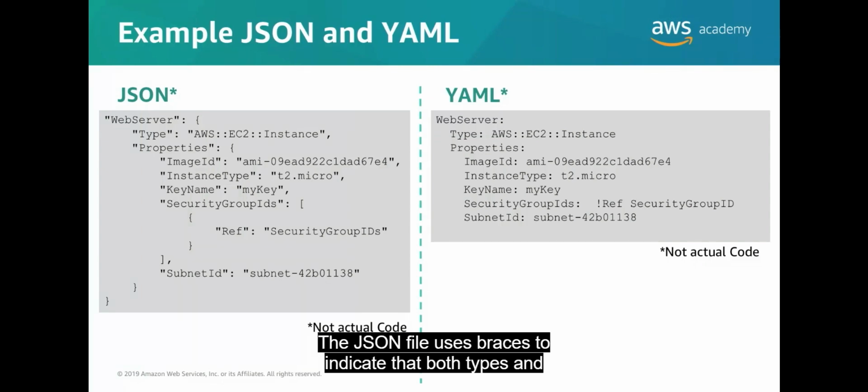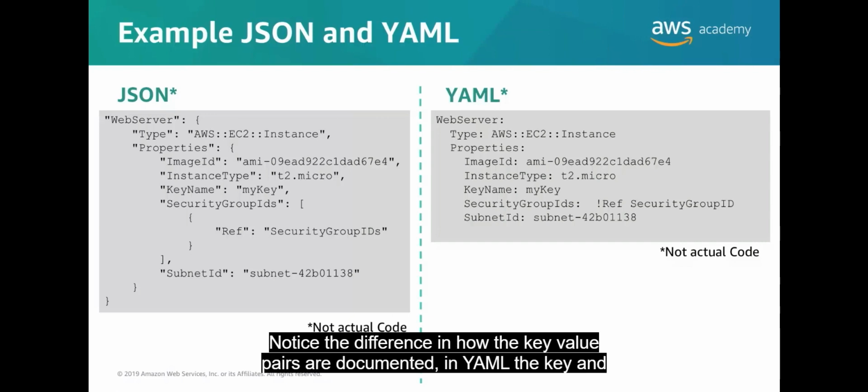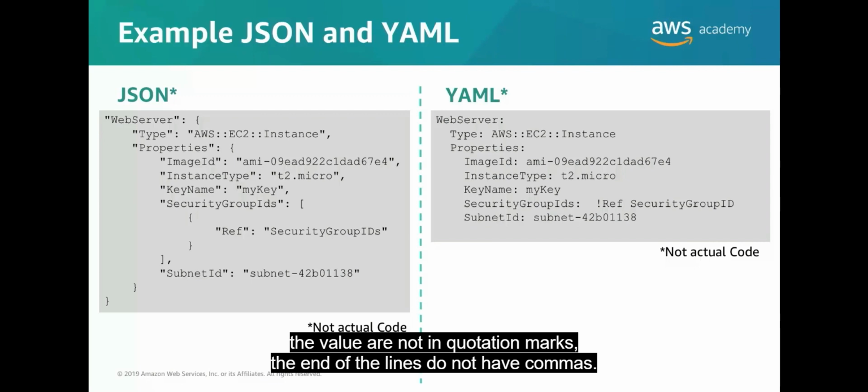The JSON file uses braces to indicate that both type and properties are children of the web server parent. The YAML file uses whitespace indentation to indicate both type and properties are children of the web server parent. Notice the difference in how the key-value pairs are documented. In YAML, the key and the value are not in quotation marks. The end of the lines do not have commas.